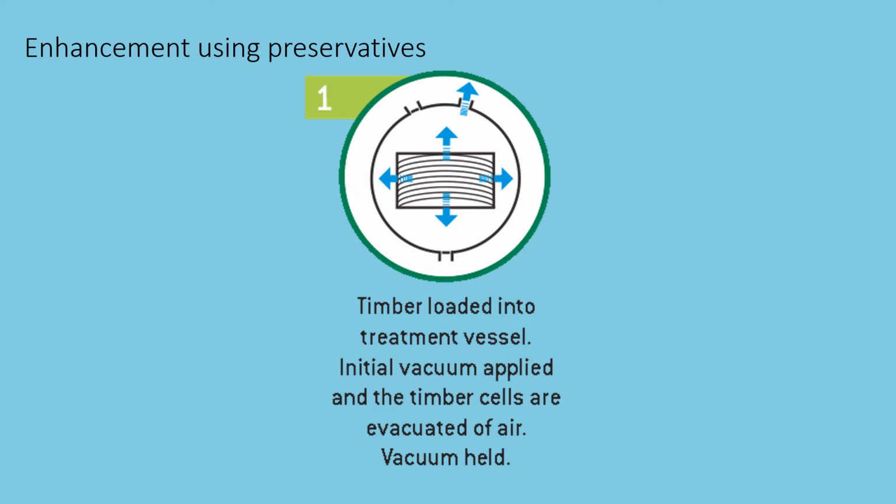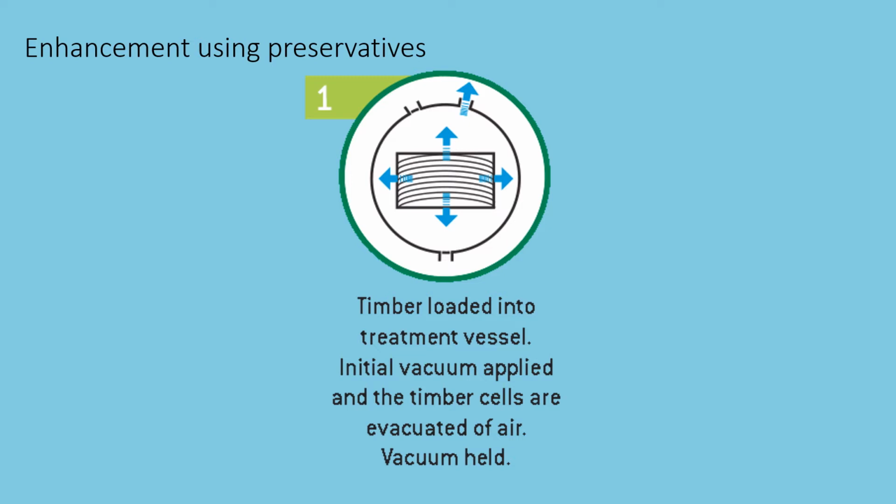I've got a little diagram here to show you how these preservatives are actually added. This is a pressure treatment, also known as tannalizing. There are 5 diagrams in total, and I'll talk you through each one. Number 1: timber is loaded into a treatment vessel, an initial vacuum is applied, and the timber cells are evacuated of air, vacuum held.